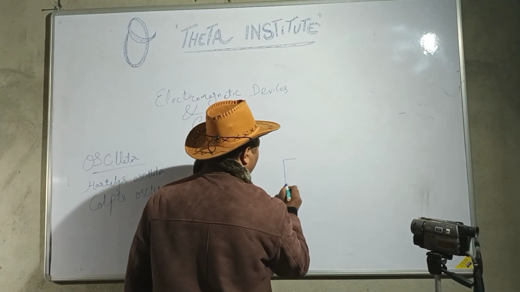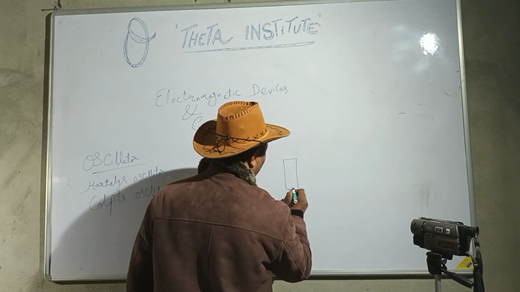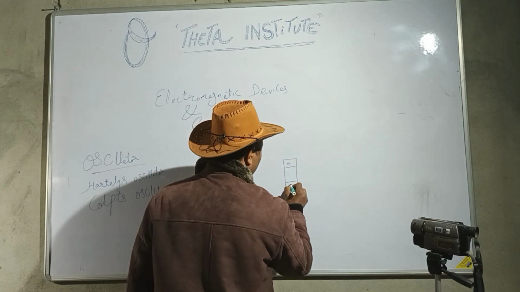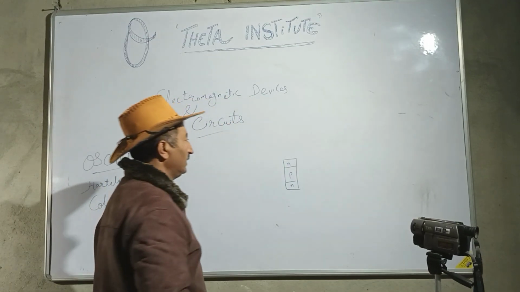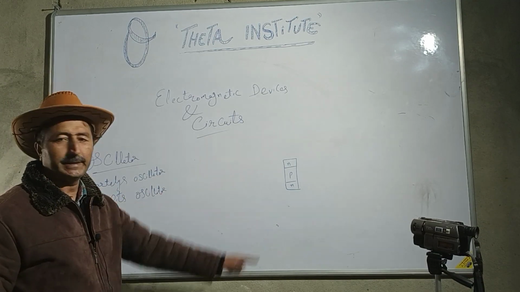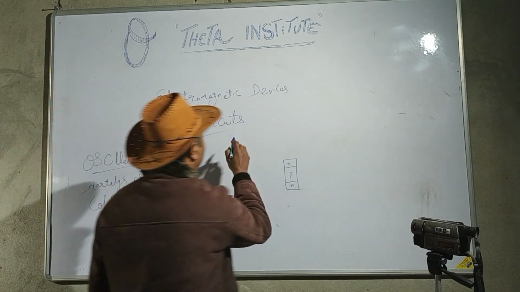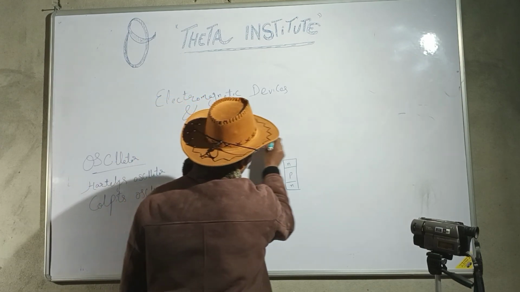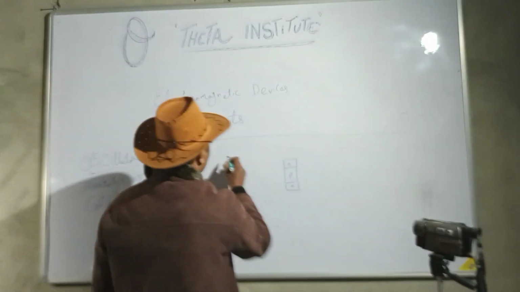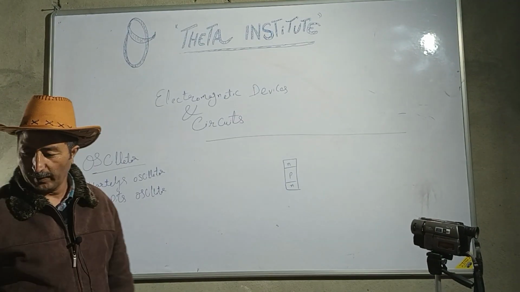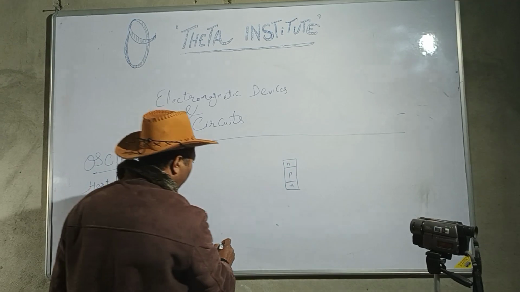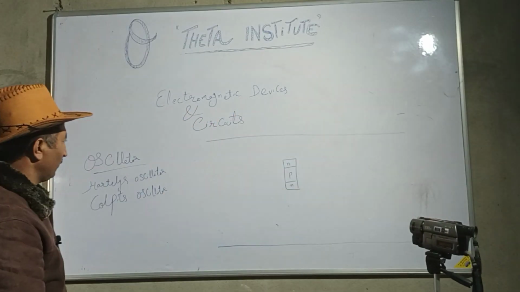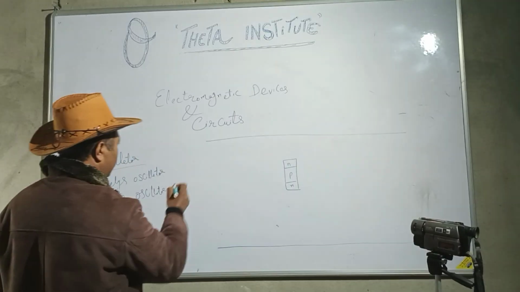We have to take again an amplifier made up of an N, N in between P, that is an NPN transistor, and here we have to take a positive wire. Lower down we have to take another wire, a negative wire. Why is this negative and why is this positive? Because we have to connect cells here.